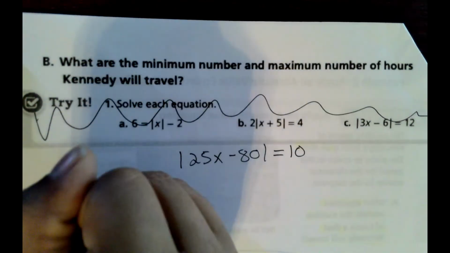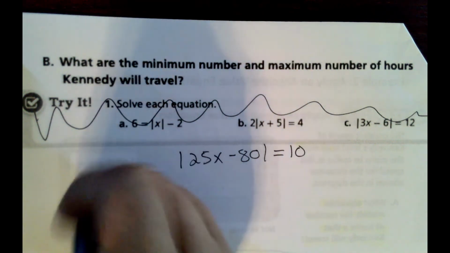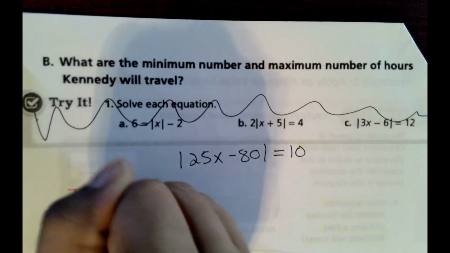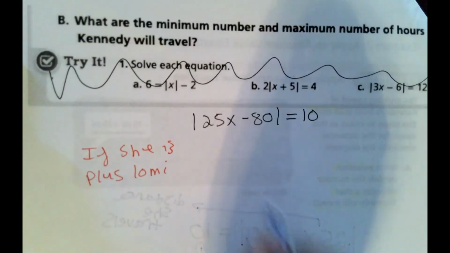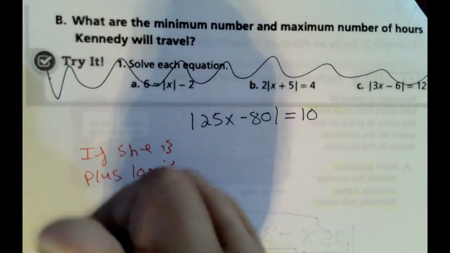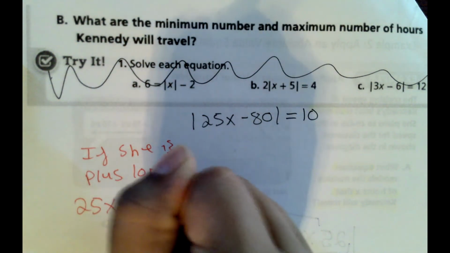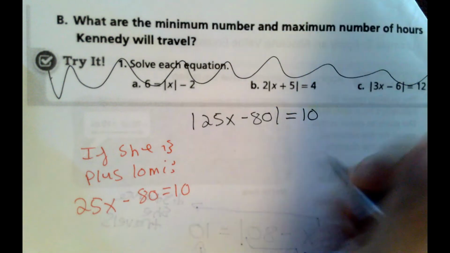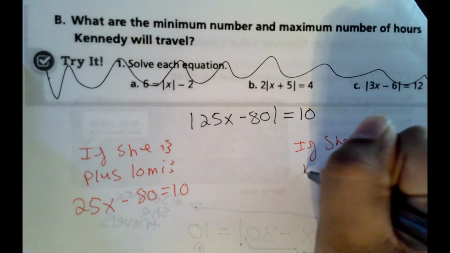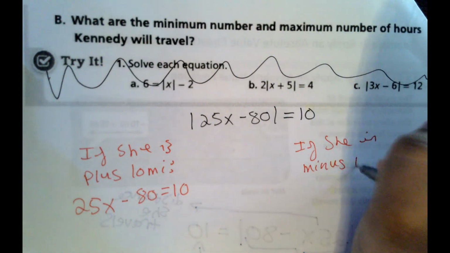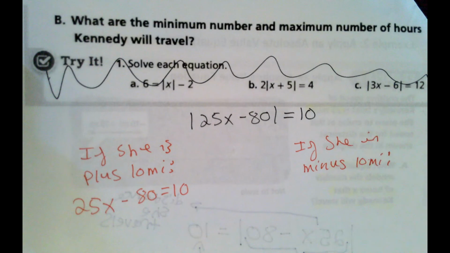So if she is plus 10 miles, then we solve it for the positive. If she is minus 10 miles, we solve it for the negative.